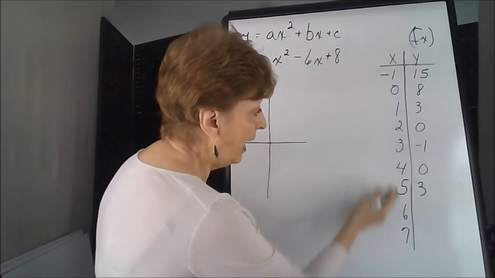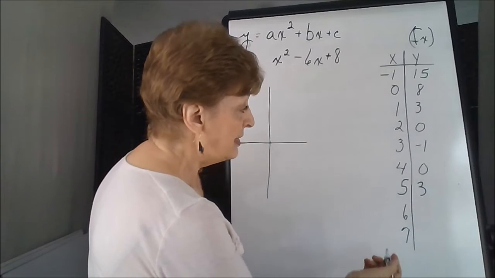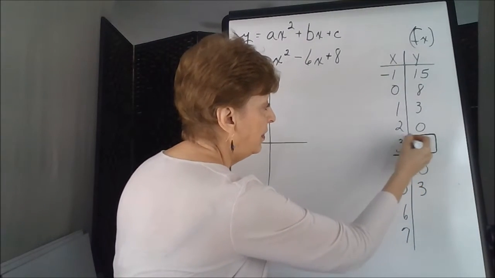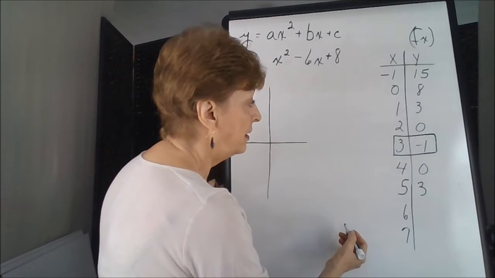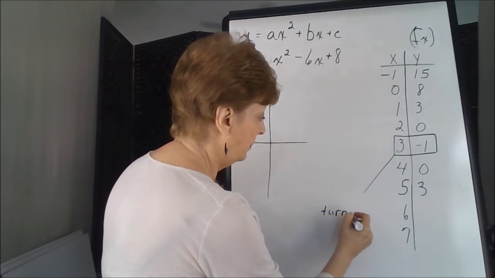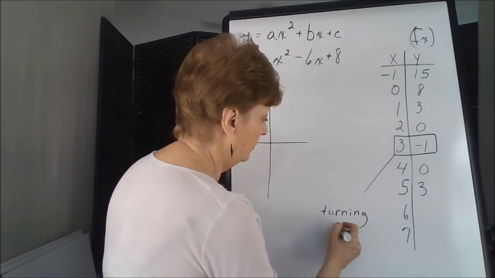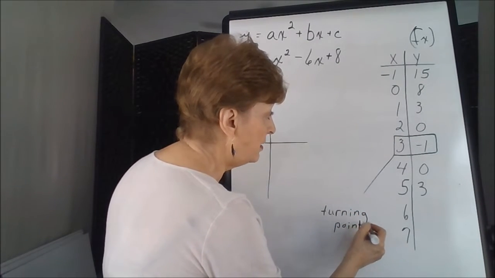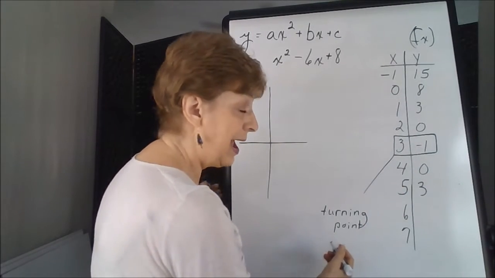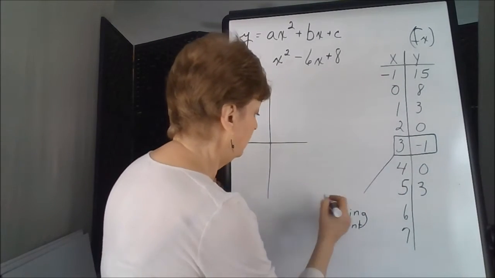If we were to look at this, the place where this parabola changes is here. This is the turning point of this parabola. Also, we have the x term as being the axis of symmetry.